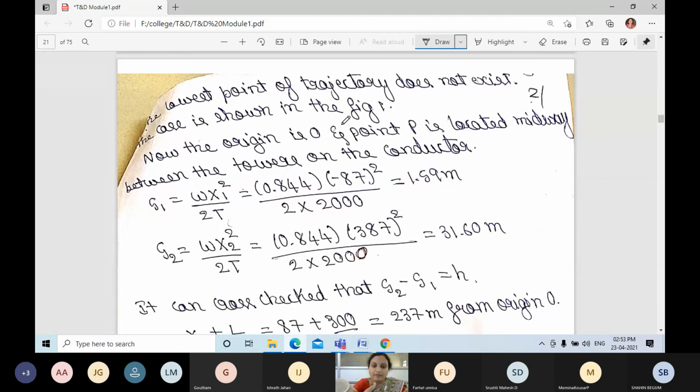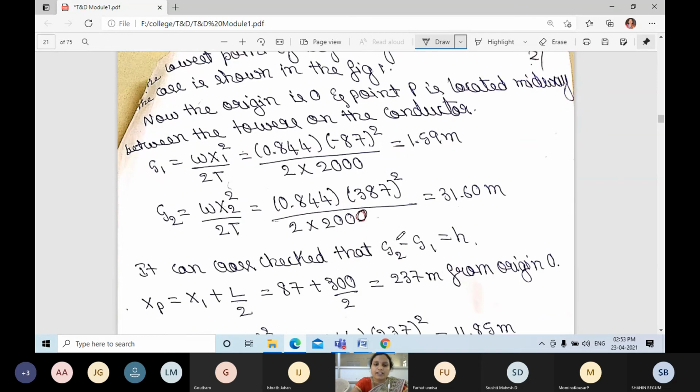X1 and X2 values will not change. X1 value is 87 and X2 value is 387. Substitute and get the values: S1 you will get 1.59 meter and S2 31.60 meter. You also solve that. Okay, you will get the same answers.